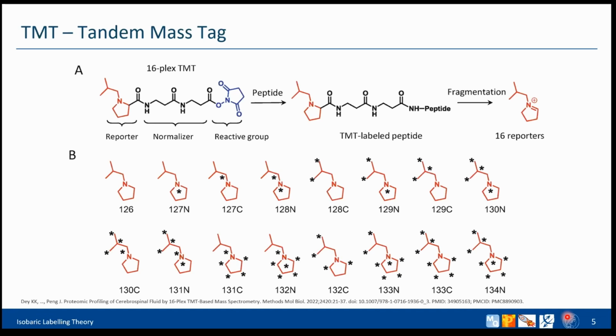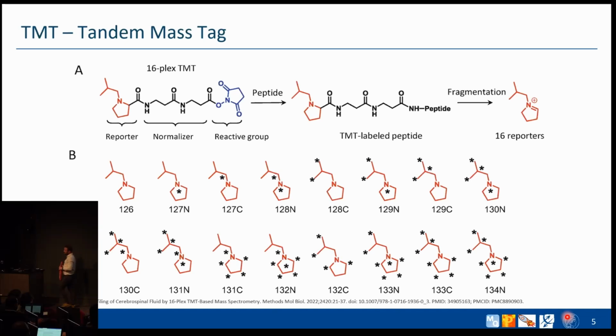There is a slight difference in the mass, to be precise, 6 millidaltons, and this allows us to have a 16-plex with only 9 atoms. Very cool. I like it. So that's how it works.